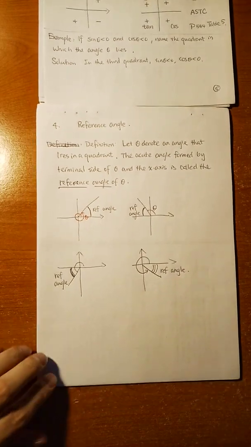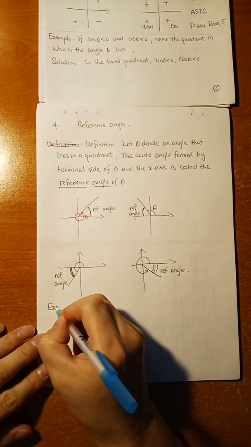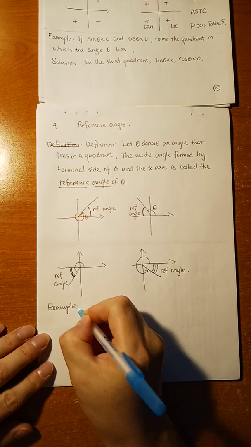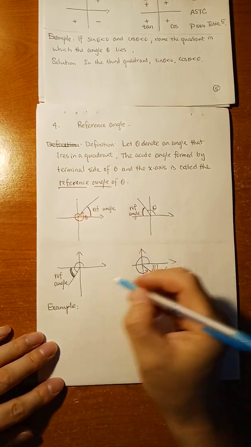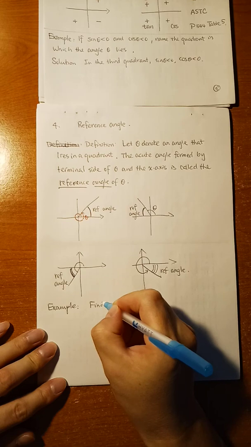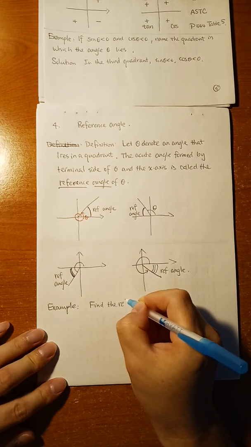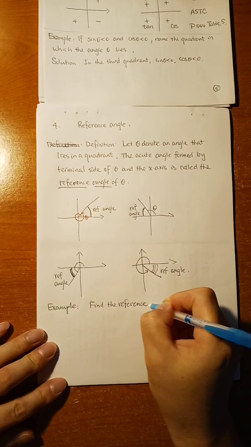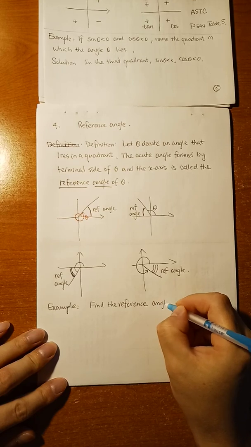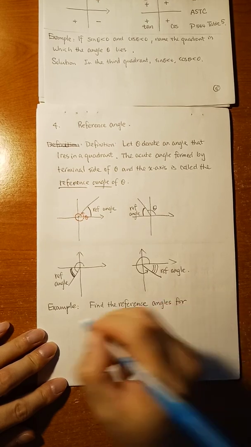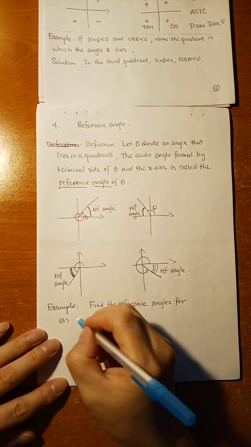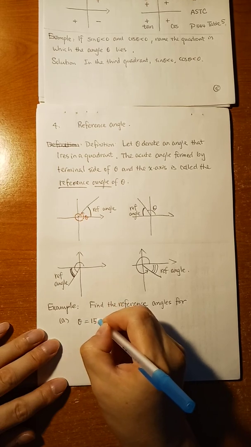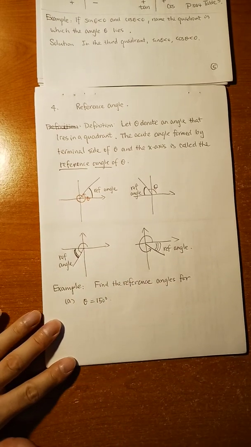Okay, so let's see the example. Find the reference angles for A. Assume our angle theta is 150 degrees.